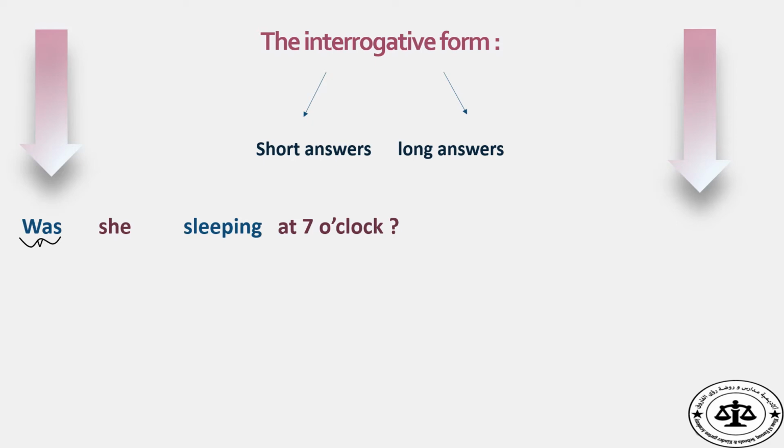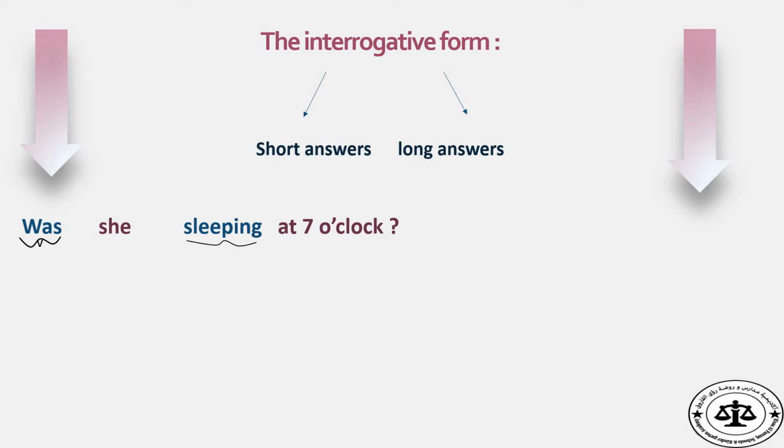We choose the helping verb according to the subject. Here we have she, so we ask by using was. Was she sleeping? This is the continuous verb, sleeping, at 7 o'clock.